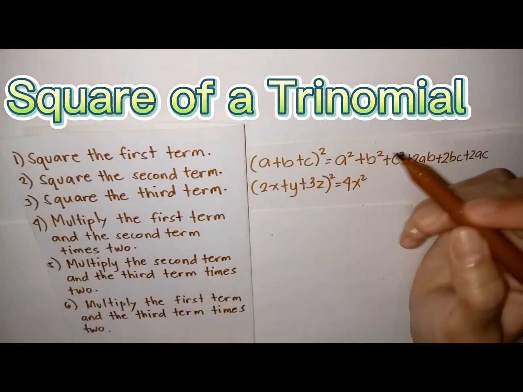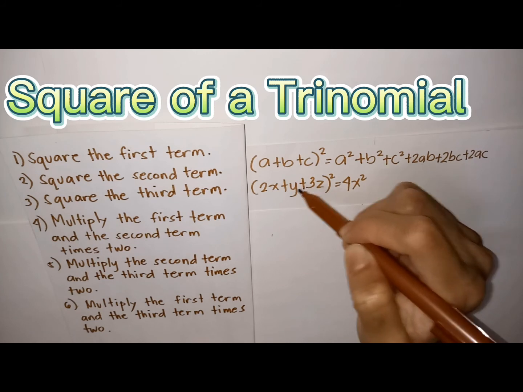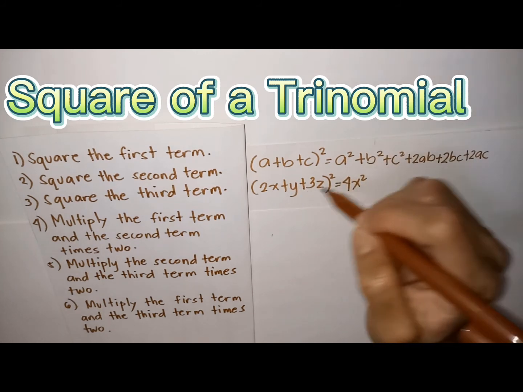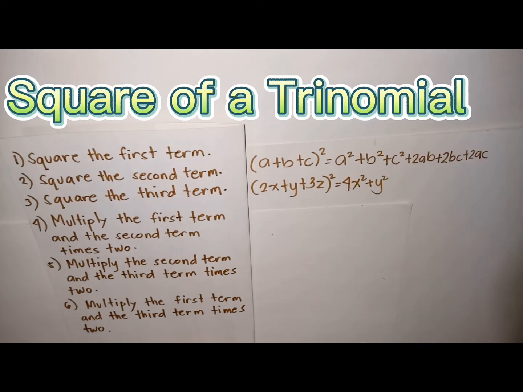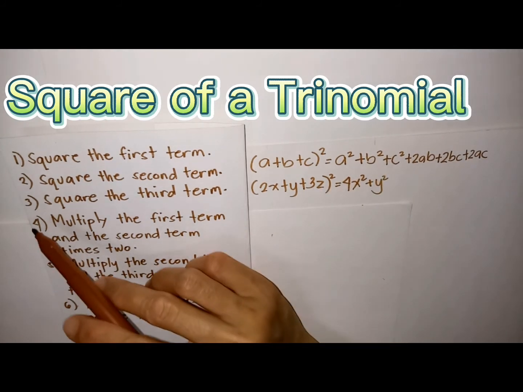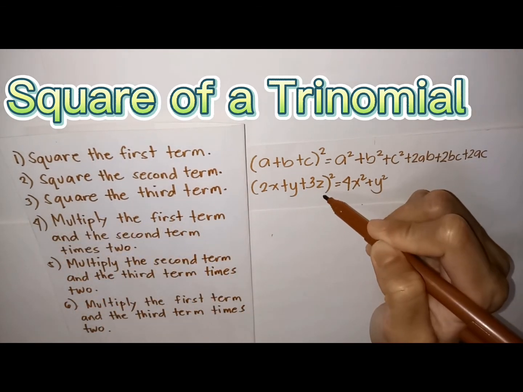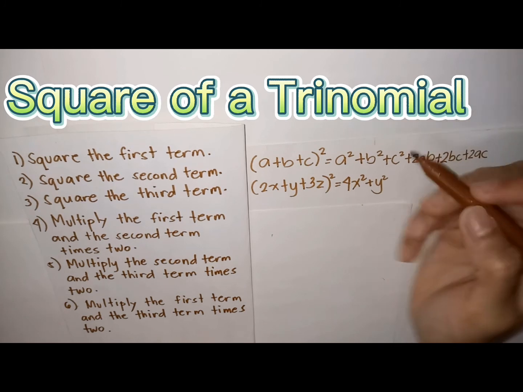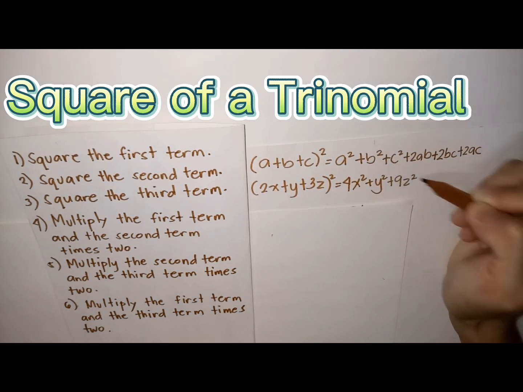Second step, square the second term. So we have y. So y raised to 2 or y squared, that is y squared. Then our third step, square the third term. So our third term is 3z. 3z times 3z, that is 9z squared.